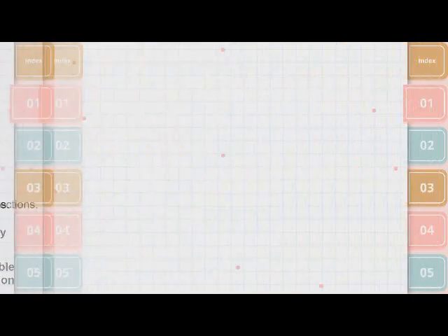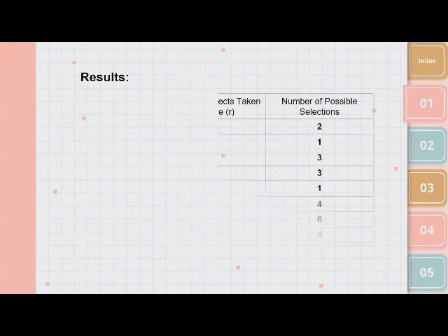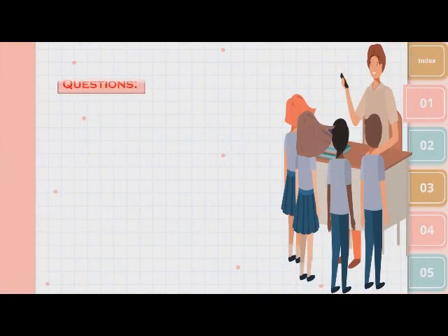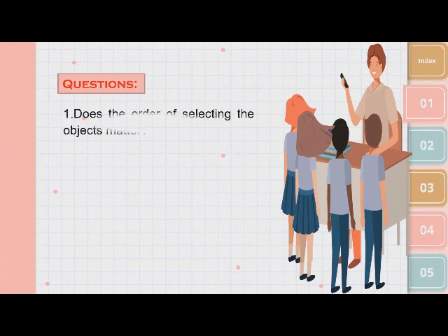Now let's proceed to this table. Okay, the results. So we have the number of objects, the number of objects taken at a time, and then the number of possible selections, which will be our combinations later. So we have these numbers. I hope you got them all. Then we are going to have these questions now.